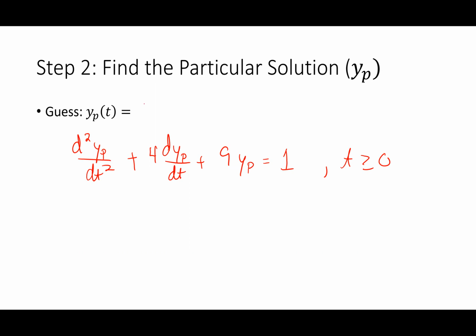So I call it b, right? I guess that it's b. So what's the first derivative or the second derivative or any derivative of a constant? 0, right? So I'm going to end up with basically 9 times b equals 1, or that b equals 1/9. This one's a lot easier than the thing where I have a sinusoid, right? I get to b equal to 1/9 pretty quickly.